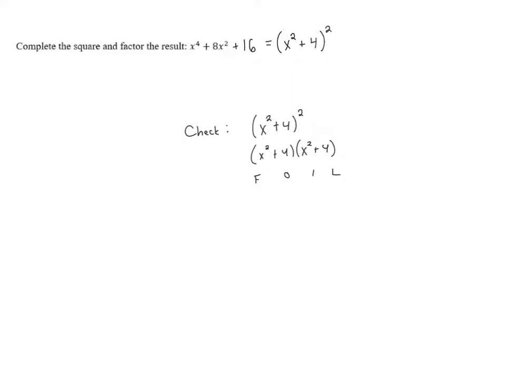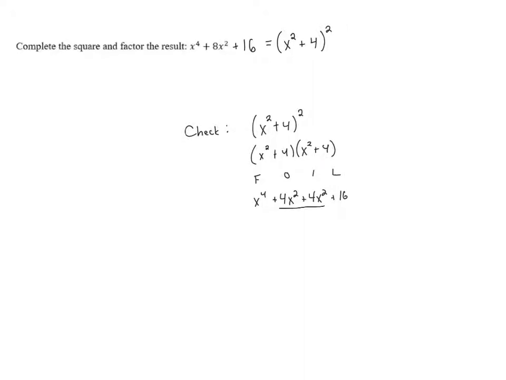If we multiply the first terms, x squared times x squared is x to the fourth. If we multiply the outer terms, x squared times 4 is 4x squared. If we multiply the inner terms, we also get 4x squared. And if we multiply the last terms, 4 times 4 is 16.